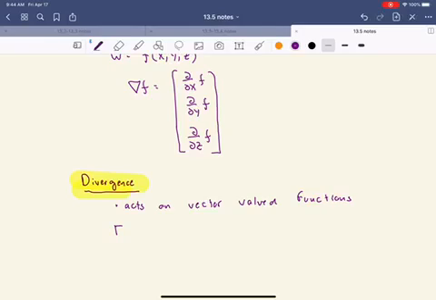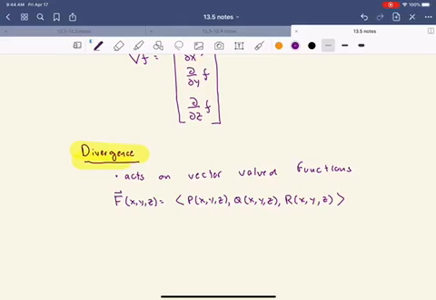So let's say we have our f of x, y, z is, let's write it this way, p of x, y, z, q of x, y, z, r of x, y, z. Then the divergence is the gradient operator or the derivative operator taking a dot product with f.